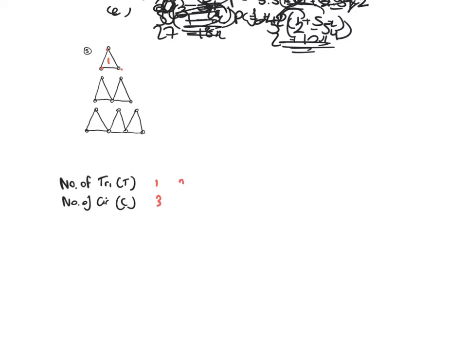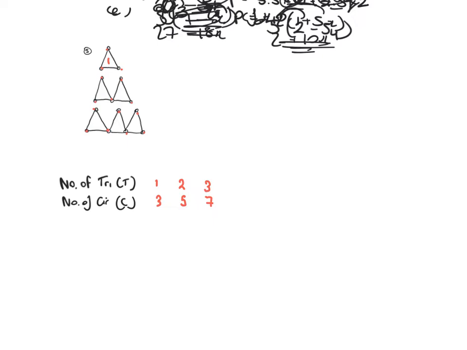Now be careful for 2 triangles. There's not 6 circles, there is 1, 2, 3, 4, 5 circles. For 3 triangles, there are 1, 2, 3, 4, 5, 6, 7 circles.